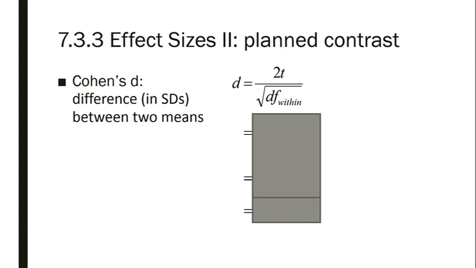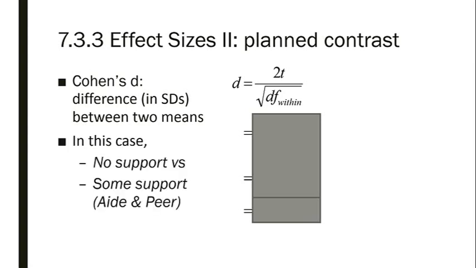Cohen's d is the difference in standard deviations between 2 means. And in this case, because the specific alternative hypothesis that we were testing for our planned contrast was that the attitudes for no support would be different than the attitudes for teachers receiving some support, that's the comparison that we're making. So we're basically combining the teacher aide and peer support groups.